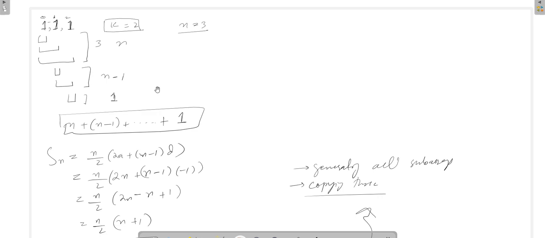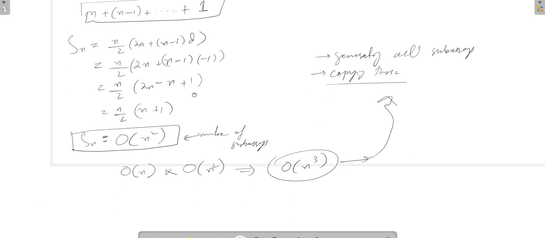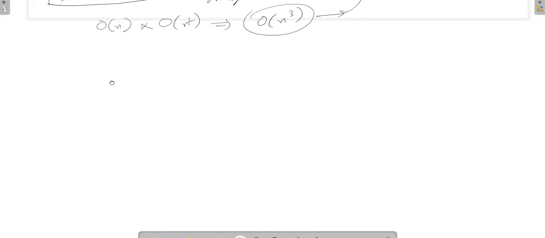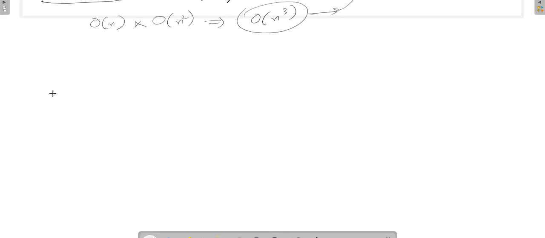Well, there is a prefix sum technique that we can use. Let me explain that. Let me just rewrite this problem here. So k is equal to 2. Now, as we discussed, the subarrays that we're looking for are these.